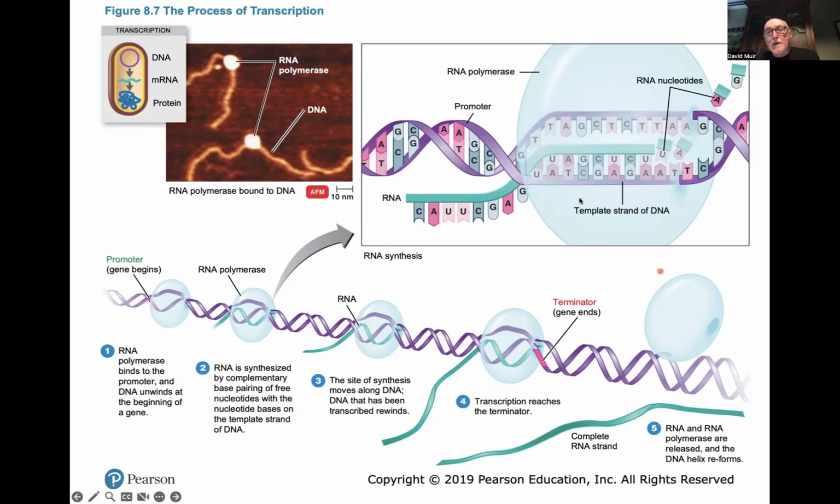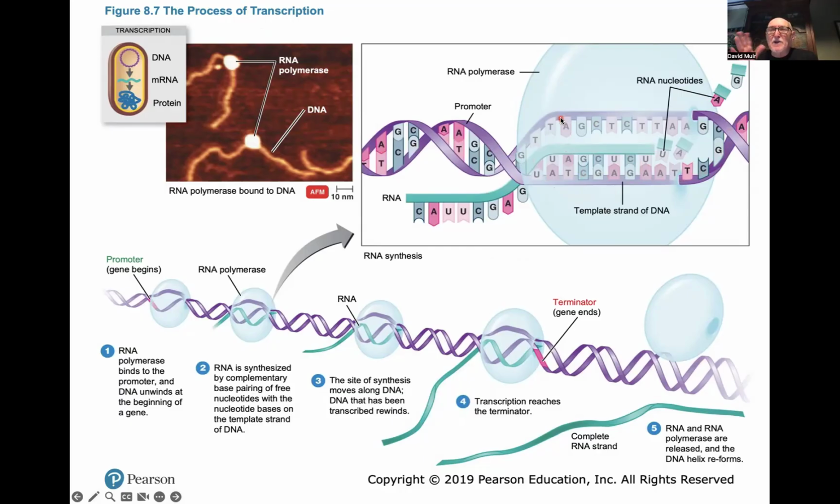The difference, of course, being that only one strand is read. In any gene, only one of the DNA strands is the functional gene. It contains the useful information. What does the other strand code for? It codes for the template strand. So the useful strand is called the template.